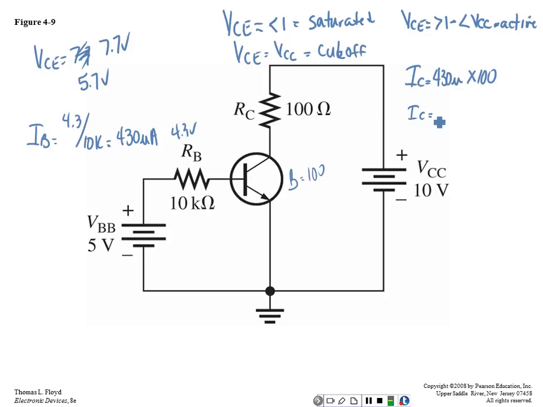So that means IC would be equal to 43 milliamps. We okay so far? Okay. VRC would be equal to 43 milli times 100 ohms.